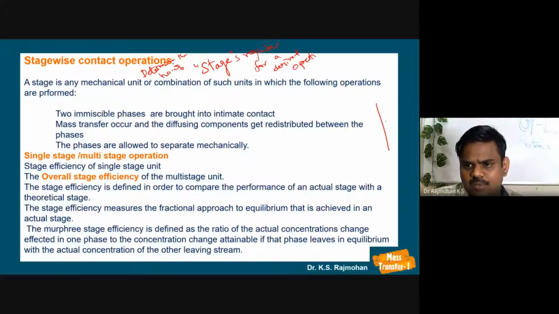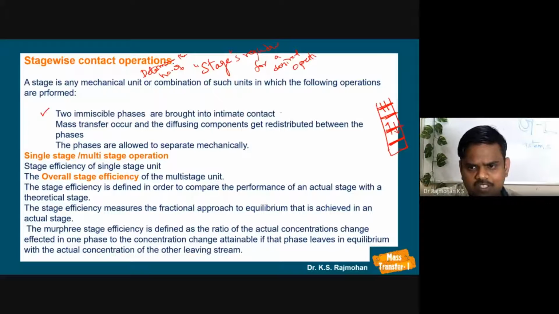As I said, if it is a plate column, a stage is one portion or one particular location in the equipment where there is an interaction between gas and liquid. So a gas stream will be going in this direction, and the liquid stream will be going in this direction if it is counter-current operation. So obviously what we are doing is bringing two immiscible phases into intimate contact.